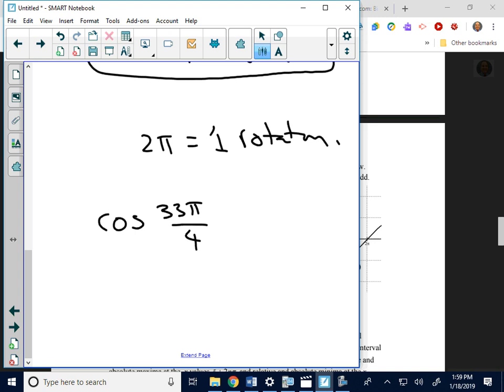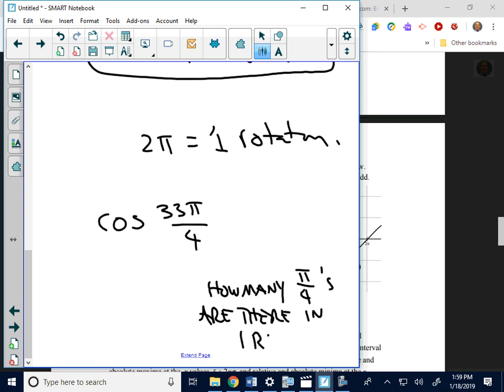And you go, oh, mamma mia. Okay, this is sort of a weird way of writing it. How many pi fourths are there in 1 rotation?